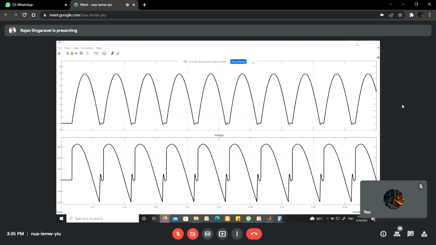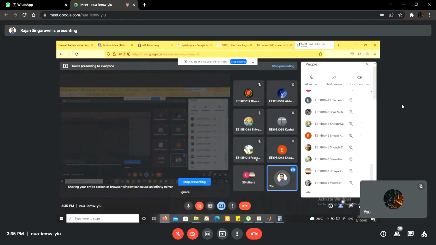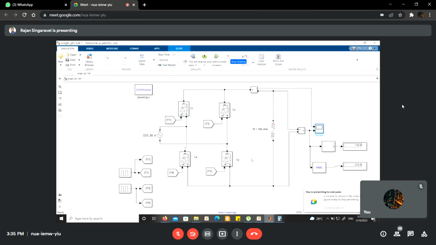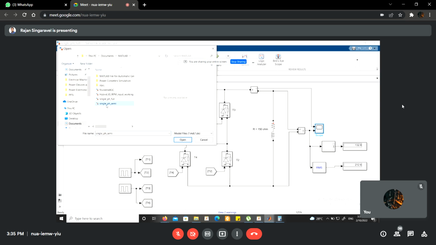That we have to keep in mind when you calculate the load output voltages. Right, and so for different conditions, we have already seen the RMS and output voltages. Next circuit, which is single phase semi converter.